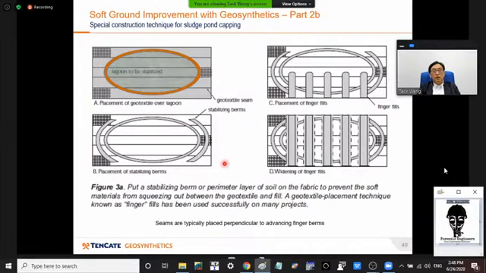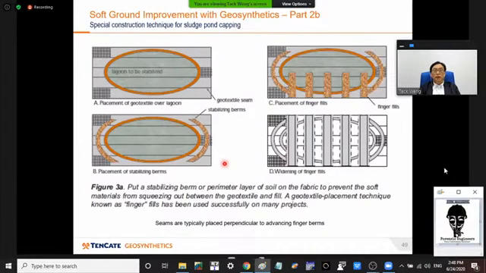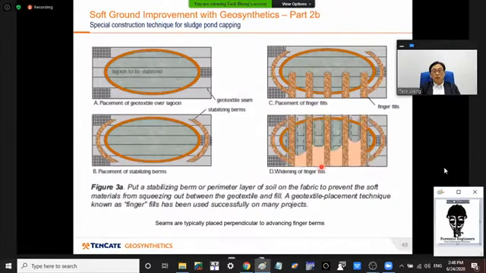Here, I want to show you the special construction technique for super soft soils. You'll first start with a reinforcement fabric that is all sewn up, and here the seam strength is very important. They are laid over the pond in this case, and then stabilizing berms at the sides are formed, and then filling is advanced in finger berms here, and once you have reached the other side, you can start filling in between the finger berms.